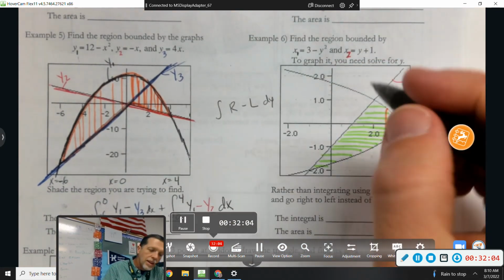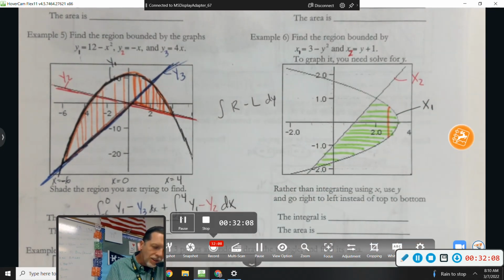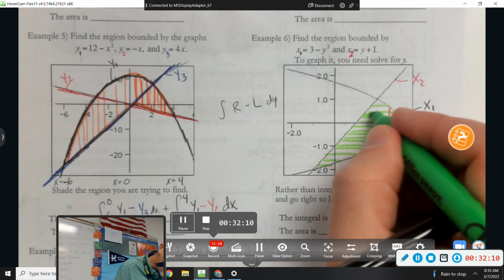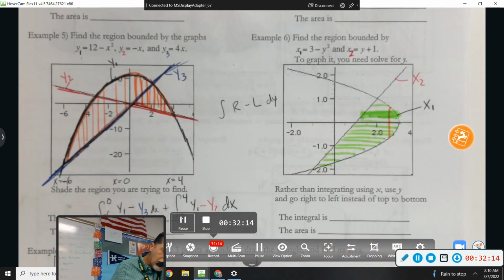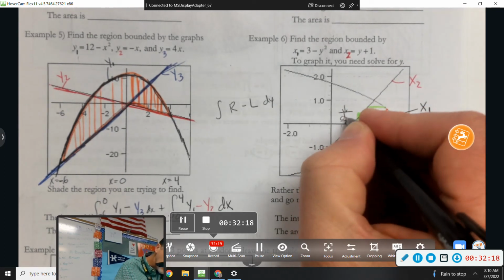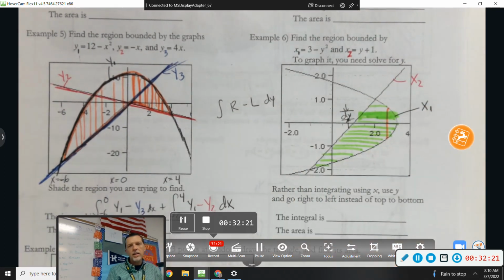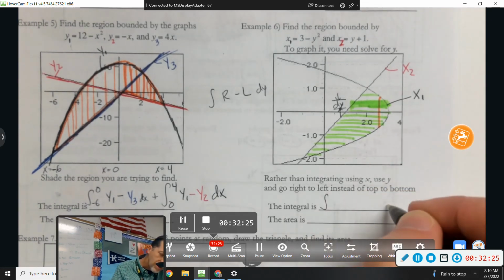And the width of a rectangle, if that's our rectangle, the width of that rectangle is dy. So this is a little bit weird. So we're integrating dy.